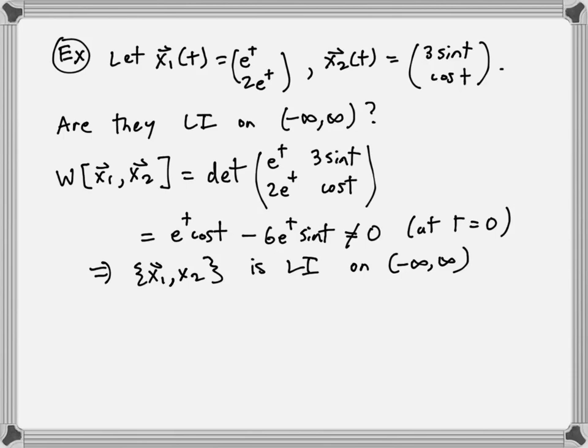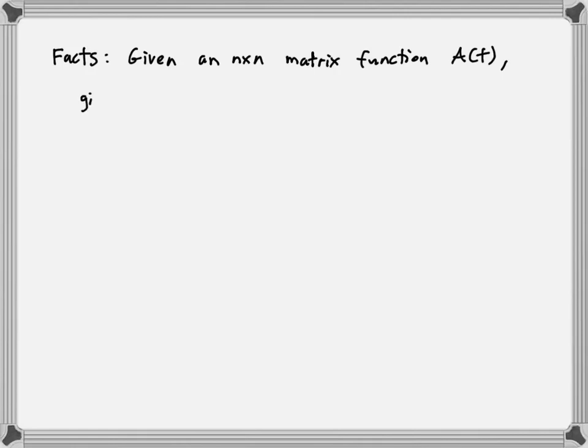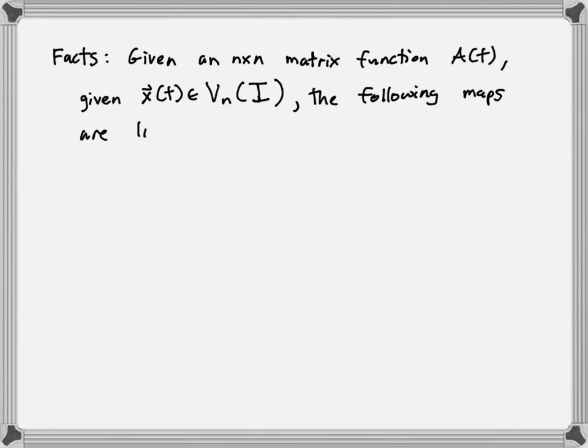All right, so let's go over a few facts. Given an n by n matrix function A of t, and given x of t in Vn of I, the following maps are linear transformations.